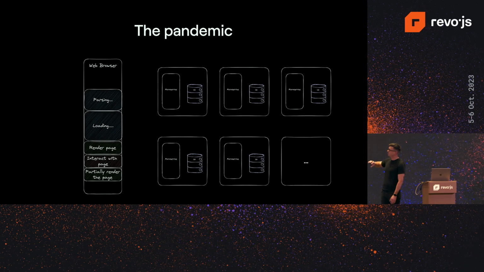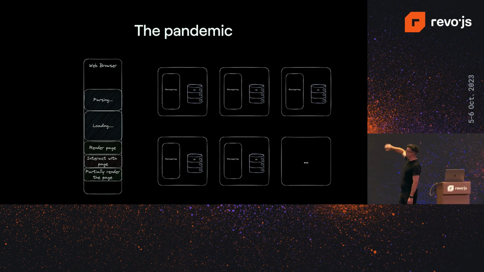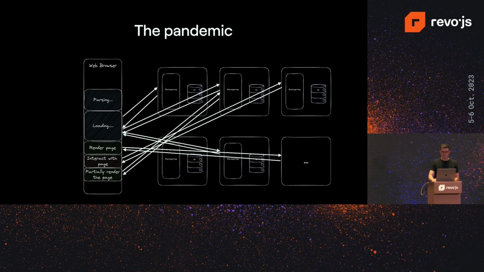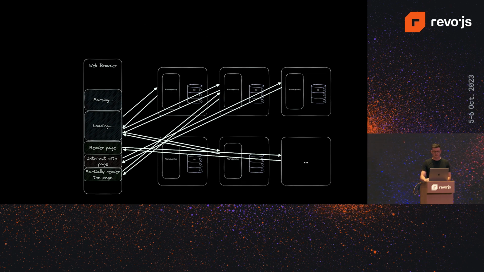Like, you need to get data from each and every one of these microservices, load it, and then transform the data into HTML. So this looks maybe something like this. This is an oversimplification, obviously. But yeah, the micro-pandemic hit hard.